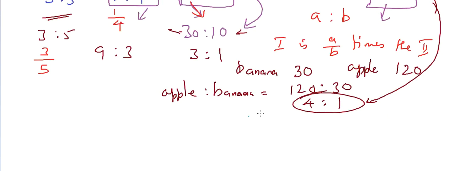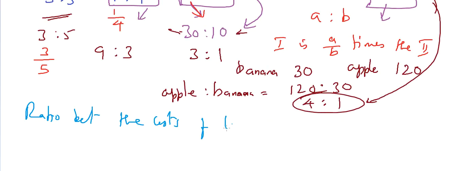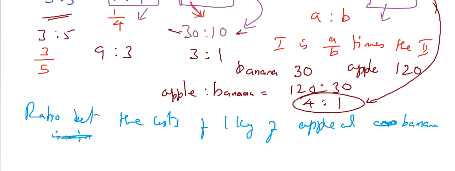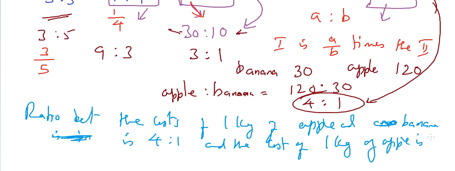So how to find that? Suppose the question is: the ratio between the costs of 1 kg of apple and banana is 4 is to 1, and the cost of 1 kg of apple is 120 rupees.